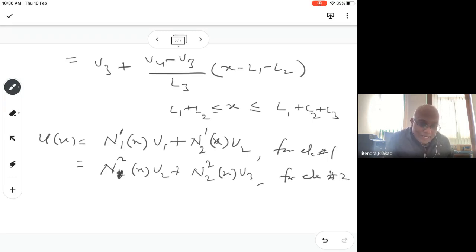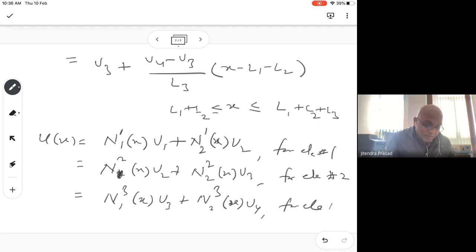When x is within element number 1, you can say that u is equal to N31 x u3 plus N32 x u4 for element number 3.